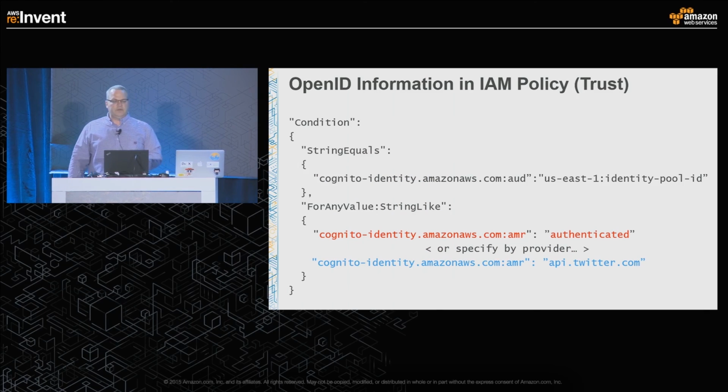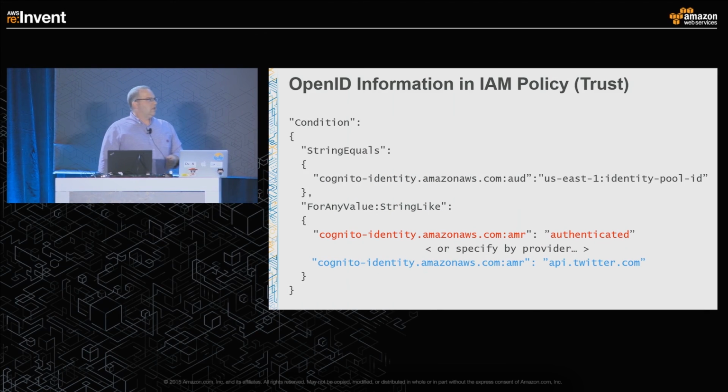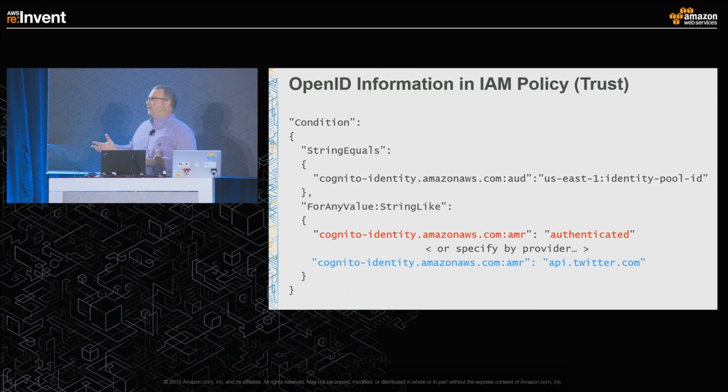So here's an example of using that information in a trust policy. By default, the trust policy for the authenticated role in Cognito just does a string-like comparison on the AMR field, and if it contains authenticated, it'll pass, right?